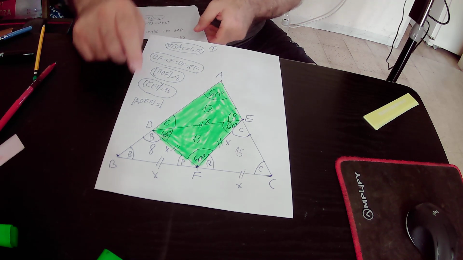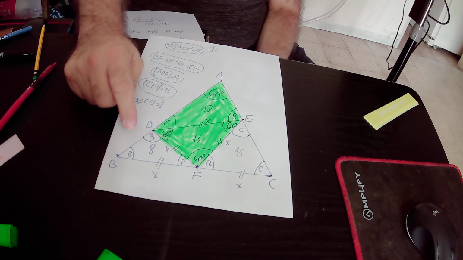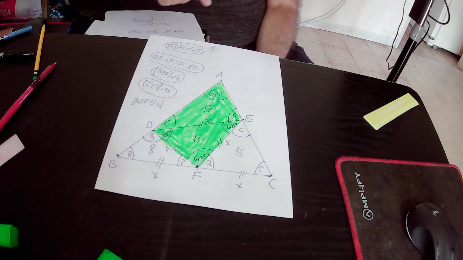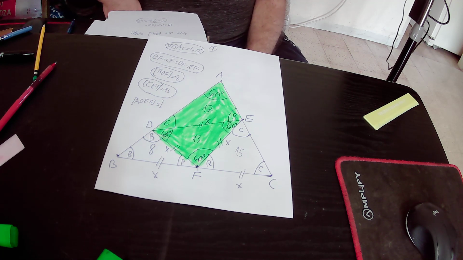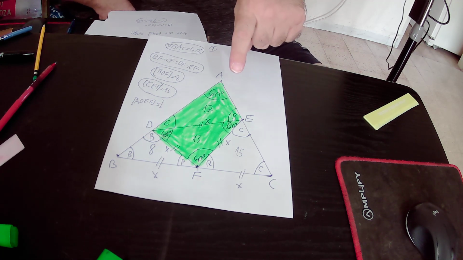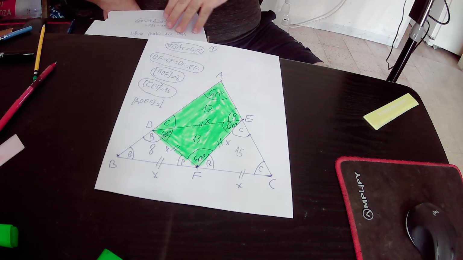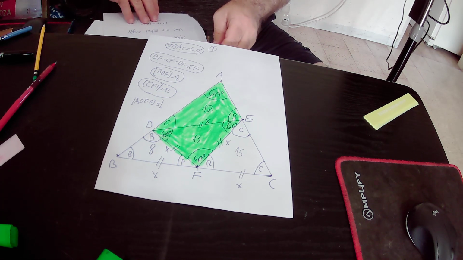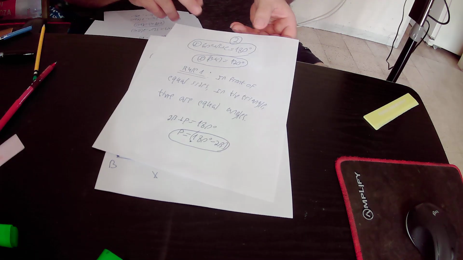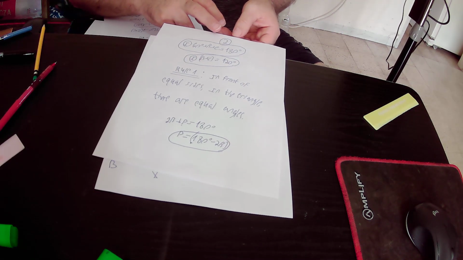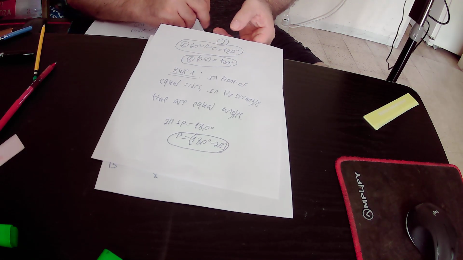We defined angle ABC as B and angle ACB as C, and we know that the sum of the angles in any triangle equals 180 degrees, and especially the sum of the angles in triangle ABC equals 180 degrees. Therefore, we can write down that 60 degrees plus B plus C must be equal to 180 degrees.